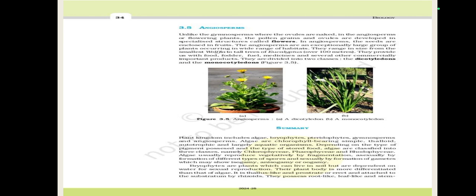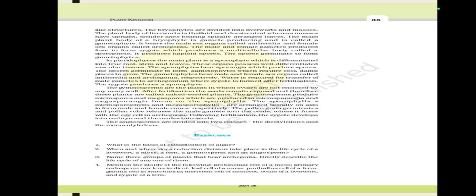They possess root-like, leaf-like, and stem-like structures. The bryophytes are divided into liverworts and mosses. The plant body of liverworts is thalloid and dorsiventral, whereas mosses have upright, slender axes bearing spirally arranged leaves.